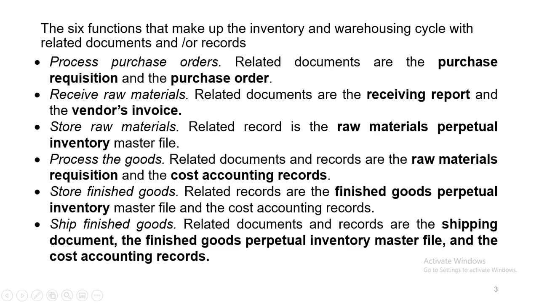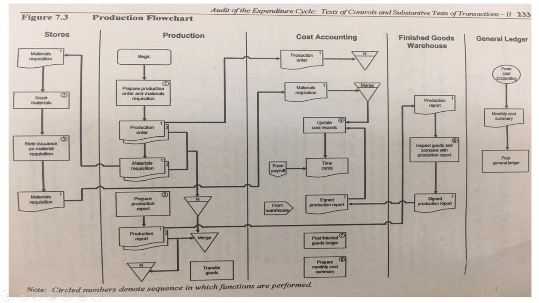So these are the 6 functions that make up the inventory and warehousing cycle, and with its related corresponding documents and or records. So again, for the auditor to be able to understand the flow of the production, here is the sample of a document flow chart of the production cycle.